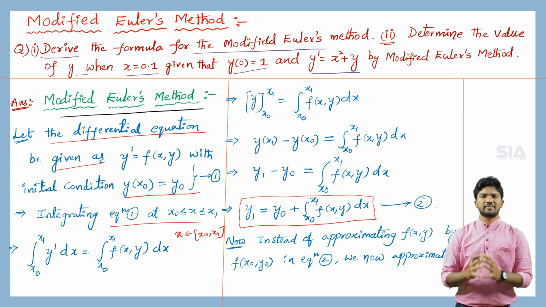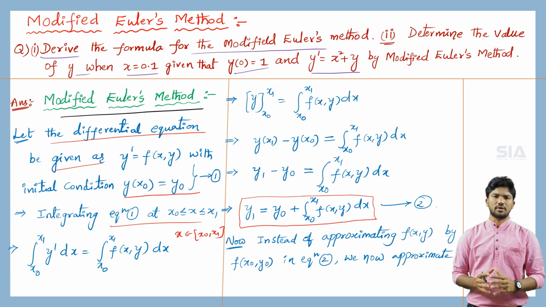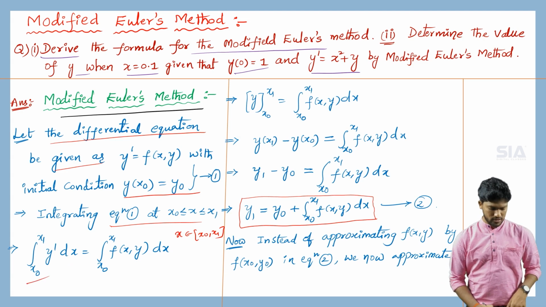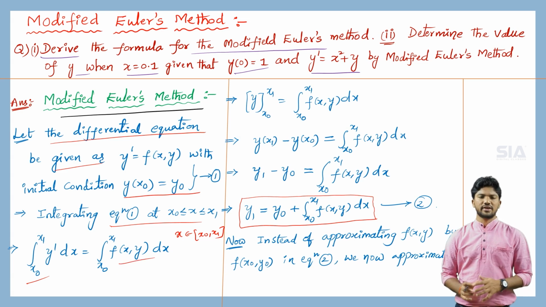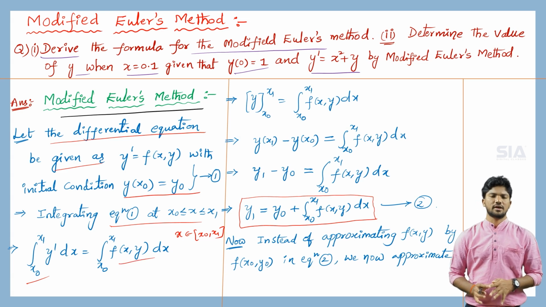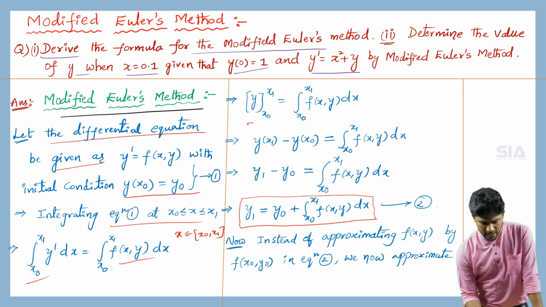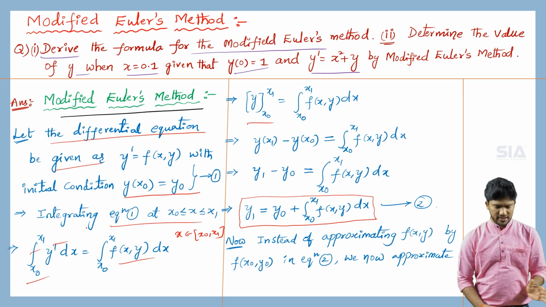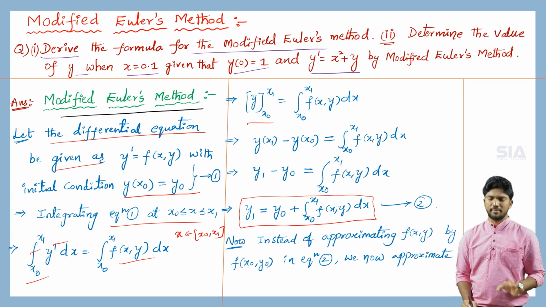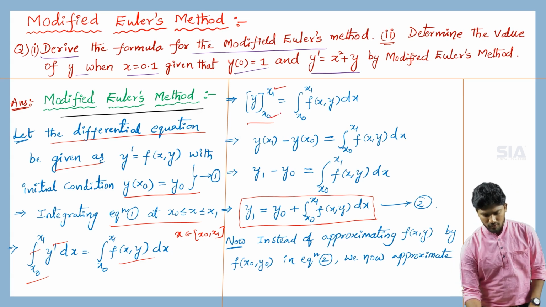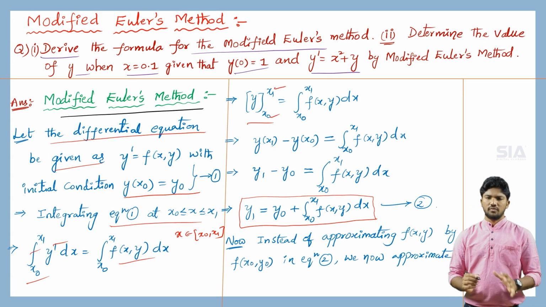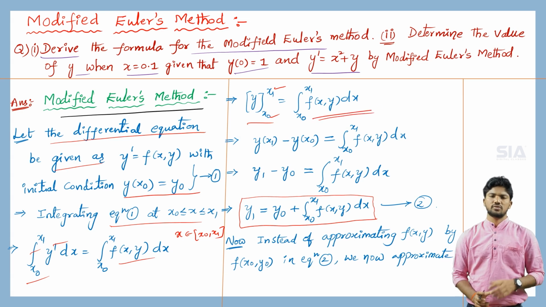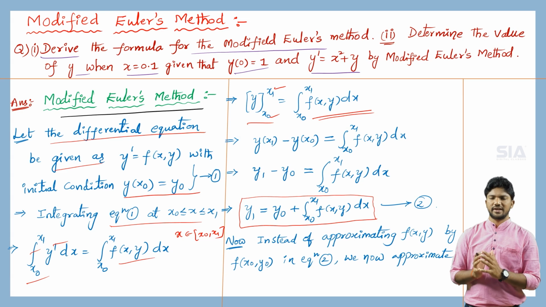We are integrating that initial value problem with respect to the limit x0 to x1: the integral of y' dx equals the integral from x0 to x1 of f(x, y) dx. Integration and differentiation cancel, so only y remains. Apply the upper and lower limits for y: y over x1 to x0 is equal to the integral from x0 to x1 of f(x, y) dx.